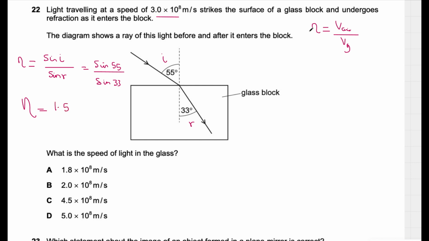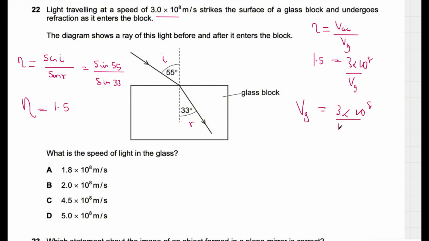Once you get the refractive index, you come to the second formula to find the speed in glass. We know the speed in air is 3 times 10 to the power of 8. So 1.5 equals 3 times 10 to the power of 8 over V glass. V means speed, the speed in glass. If you cross multiply, V glass will be 3 times 10 to the power of 8 over 1.5.